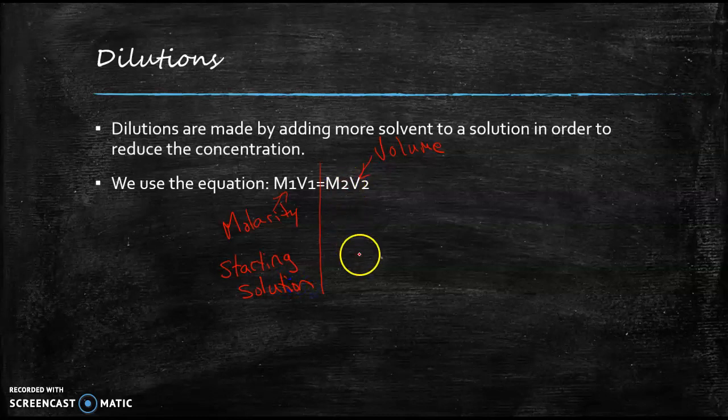While the right part of the equation is going to be our ending solution. This is going to be significant in that our starting solution is more concentrated, while our ending solution is going to be the more diluted.